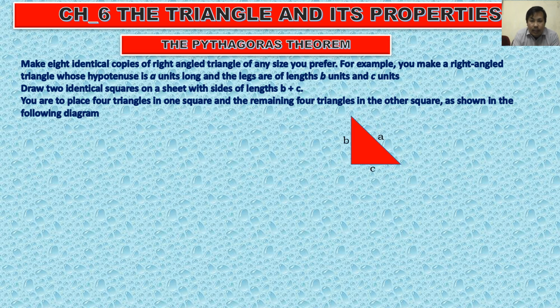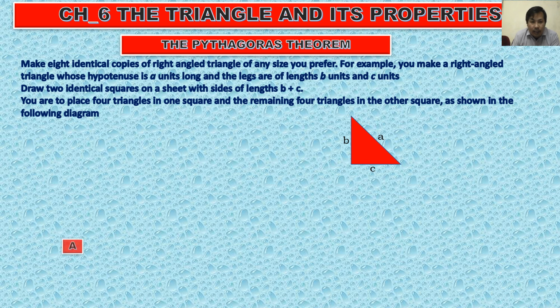Now, my dear students, let us think of the 8 copies of the right angle triangle. Let us assume this is the right angle triangle we are going to make, where the hypotenuse is a and the other two legs are b and c. We are going to make 8 of them, so think that you have already made 8 such triangles.